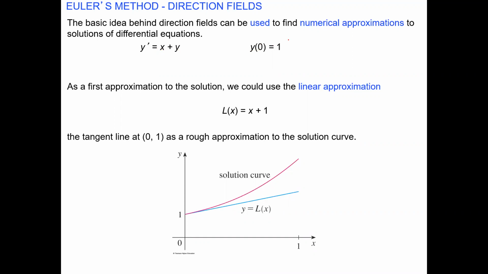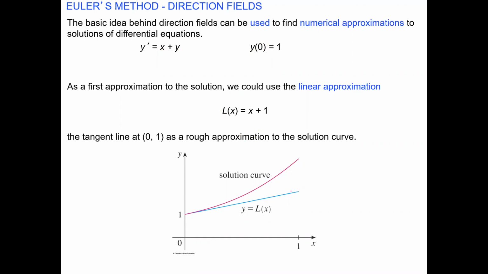We have a point given, and in fact we do have a slope. Using the point-slope form, I can get a tangent line at the point (0, 1). I can use my linear approximation. And we do have the equation of the linearization, x plus 1.